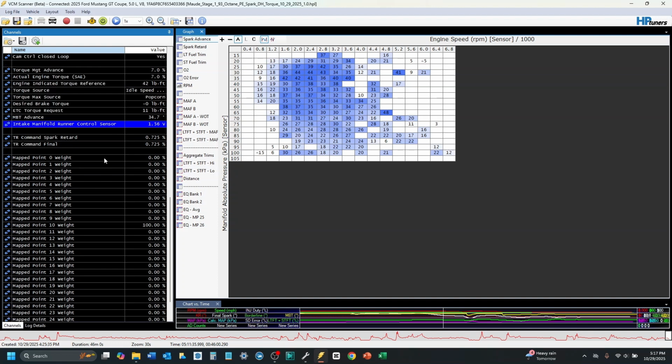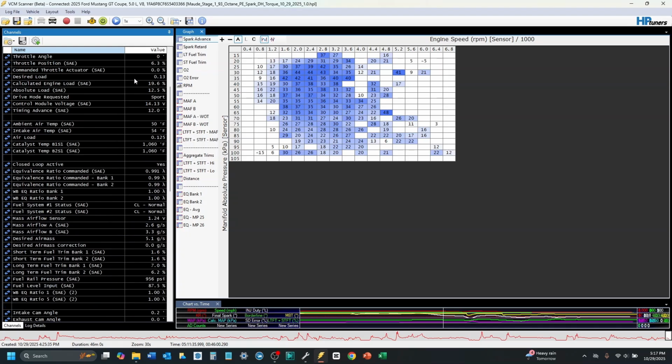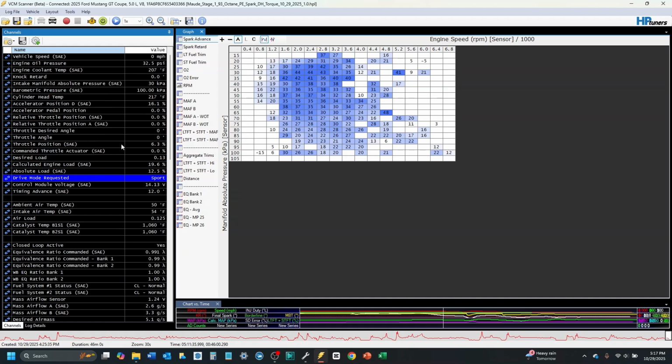Okay, and then the other thing is, what drive mode was I in? Oh, I was in sport mode. That's where I set sport, comfort, economy.